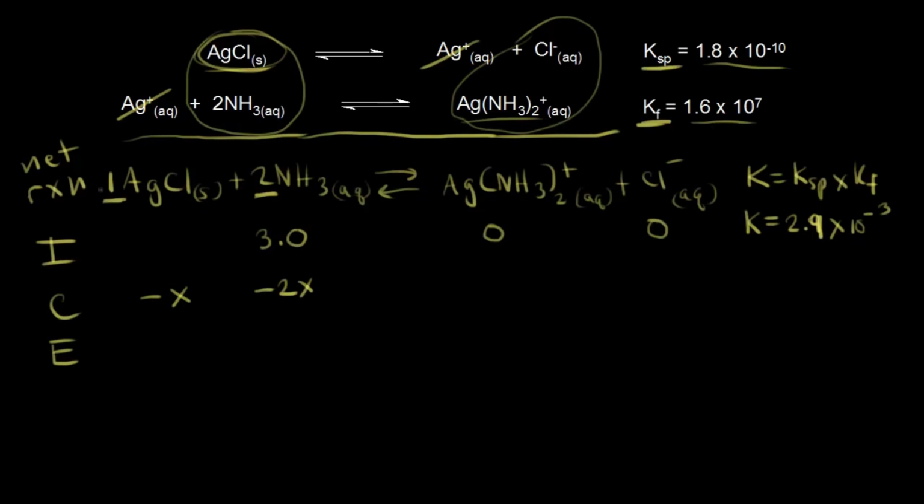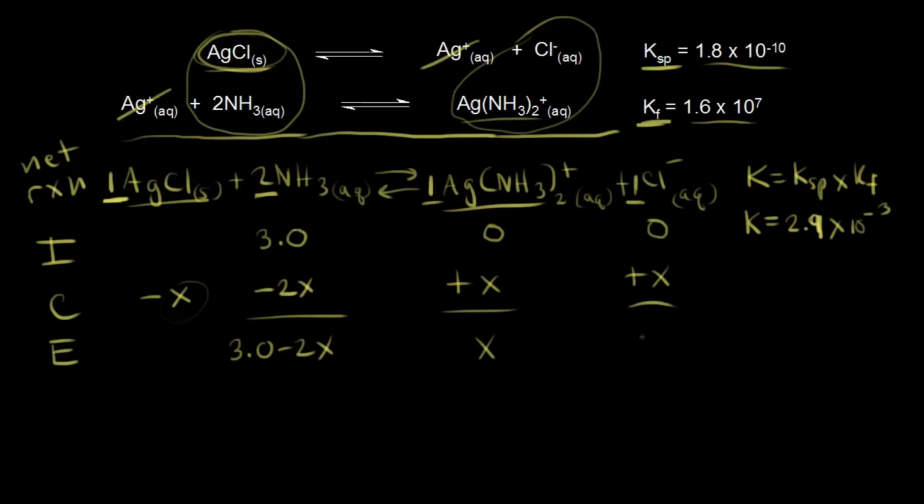For our products, if 1 mole of silver chloride dissolves, we make 1 mole of our complex ion. So if we're losing X over here, we'd be gaining X over here for the concentration of our complex ion. And same thing for the chloride anion, because our coefficient is a 1. So we're going to gain X for the concentration of chloride anion. So at equilibrium, our concentration of ammonia is 3 minus 2x. Our concentration of complex ion is X, and our concentration of chloride anion is also X.